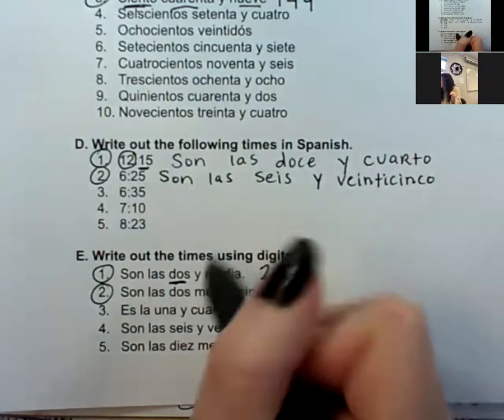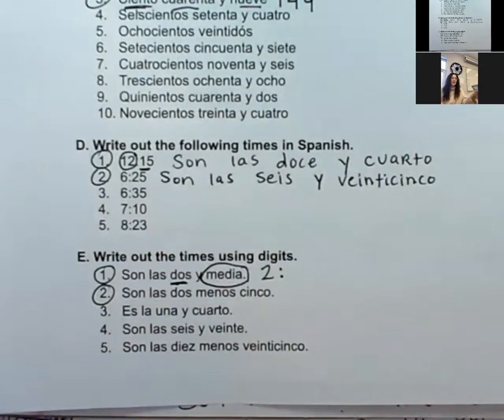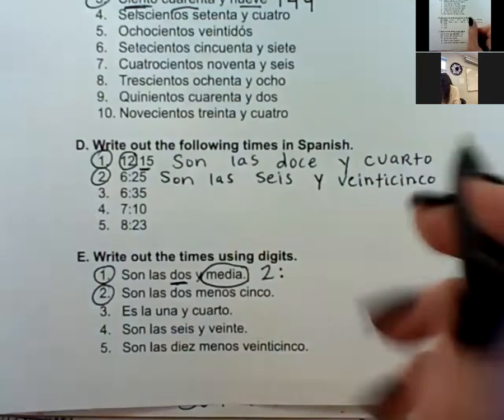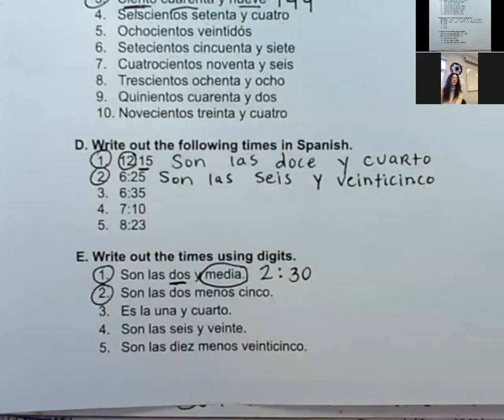What does the term media mean when we're referring to time? Perfect. So it refers to, sorry, got a little stutter going on. It's the same as saying half past or 30 minutes. So son las 2 y media would be 2:30.